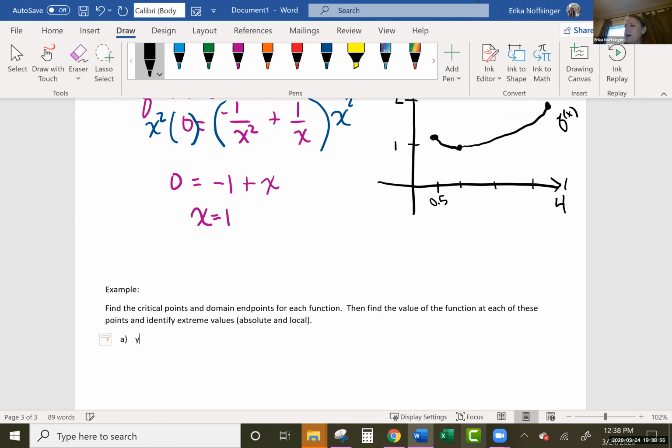Let's say you had y is equal to x raised to the 2/3, and I'll make that bigger in a second, all times x plus 2.